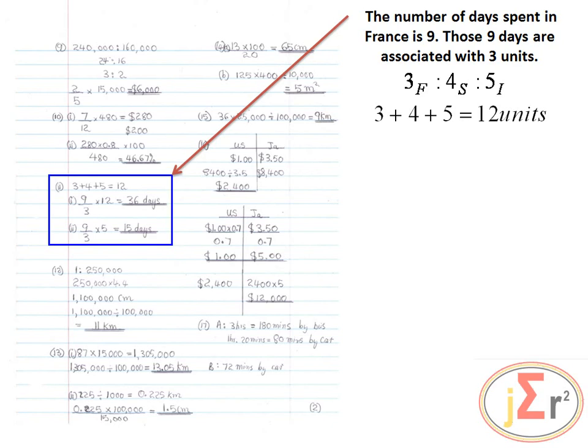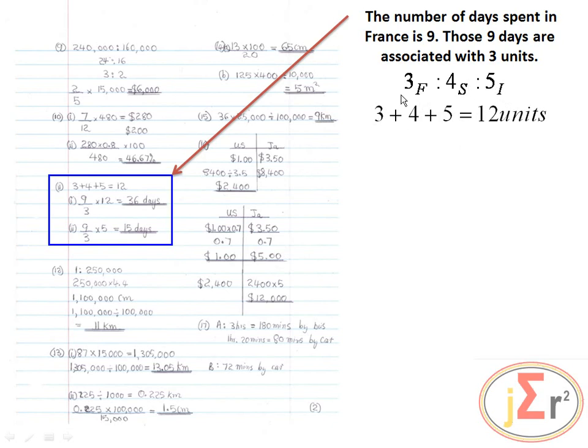But notice that we have these numbers in the ratio written with their respective subscripts in order that we are constantly reminded of which territory or country each one of these numbers represents.